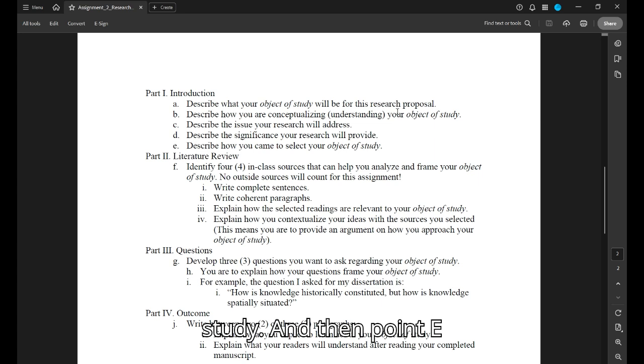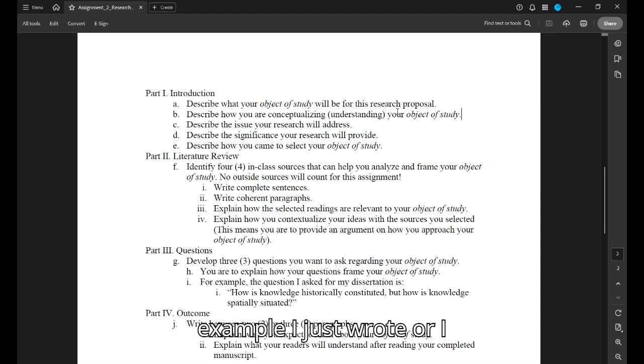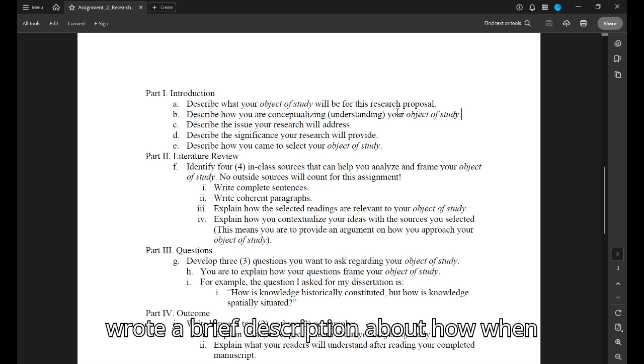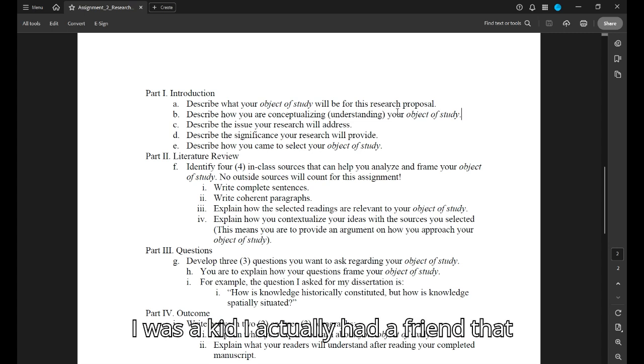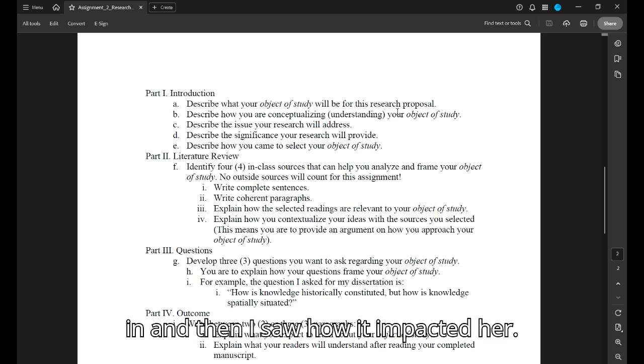And then point E describes to your reader how you came about selecting a particular topic. If I remember what I wrote for the example, I wrote a brief description about how, when I was a kid, I had a friend whose dad would physically assault her mom, and I saw how it impacted her.